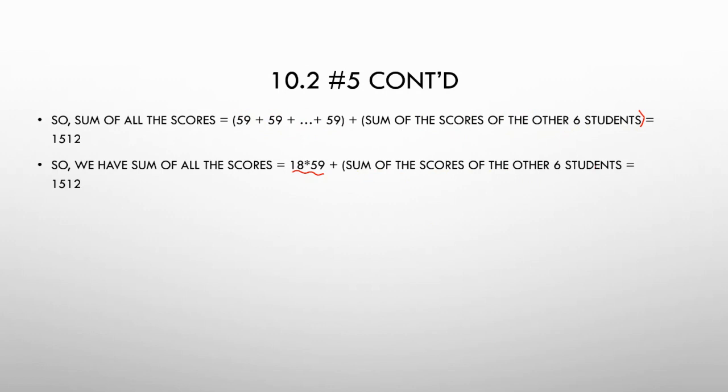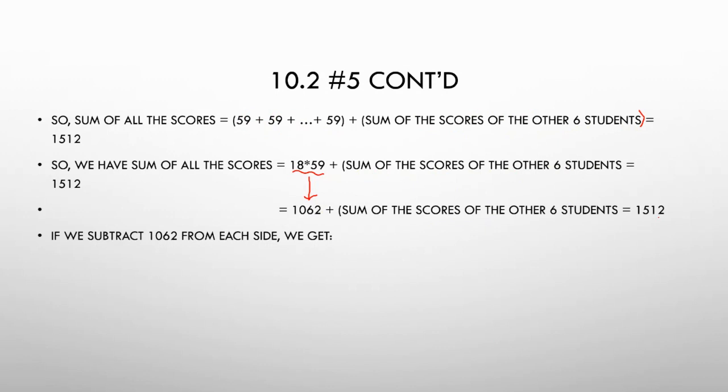That needs to equal 1,512. I went ahead and multiplied: 18 times 59 is 1,062. And that, plus the sum of the scores of the other 6 students, needs to equal 1,512.